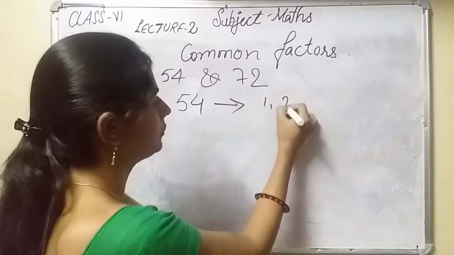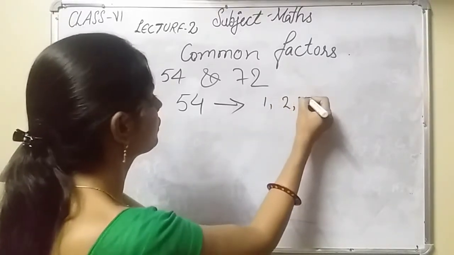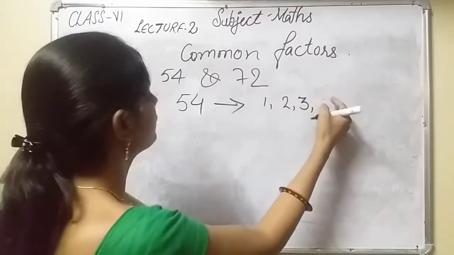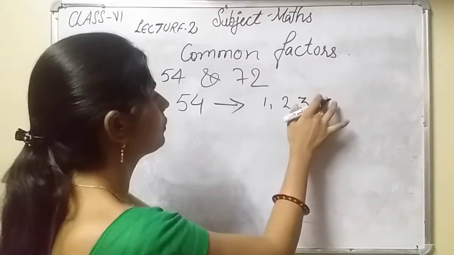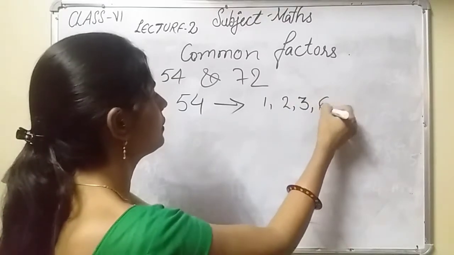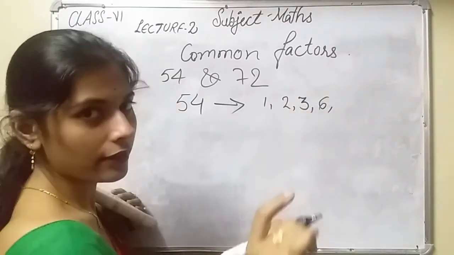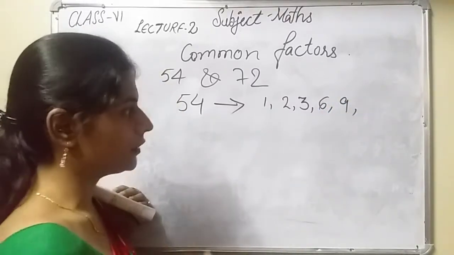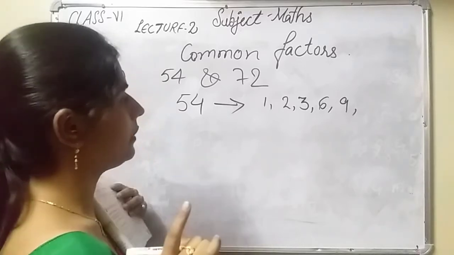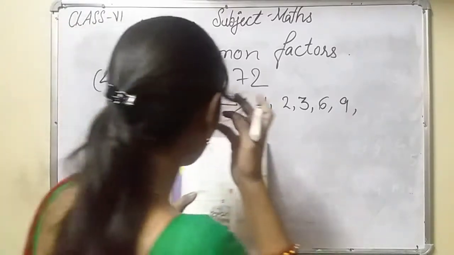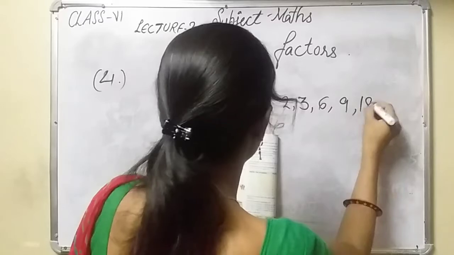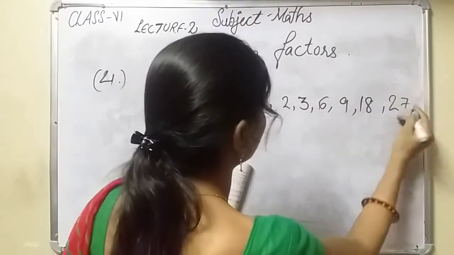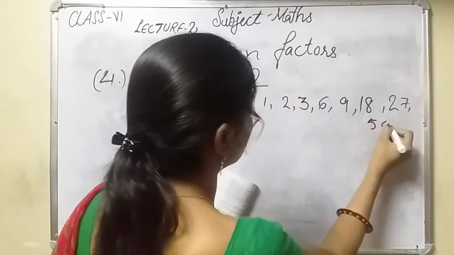You know, 1, 2, 3, 4 is not there, 5 is not there, 6 is there, 7 is not there, 8 is not there, 9 is there, 10, 11, 12, 13, 14, no. Then 18 is there, 27, then again 54.